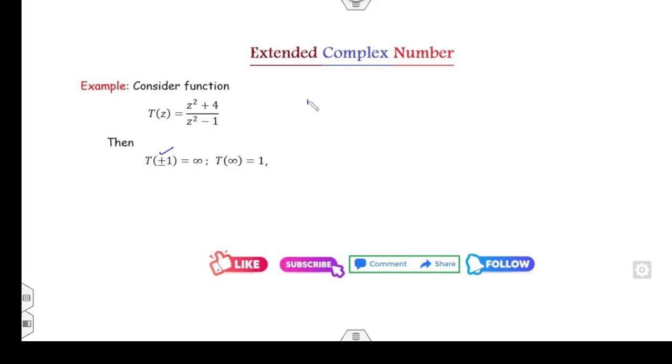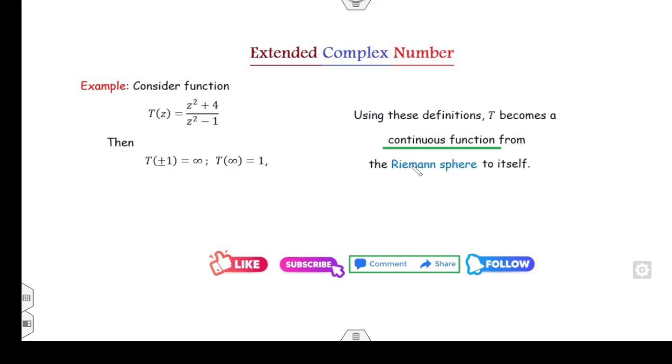That means this function is not analytic on C, but this function is analytic on C infinity. Using this definition, we can say that T is a continuous mapping from the Riemann sphere, that is C infinity to C infinity.